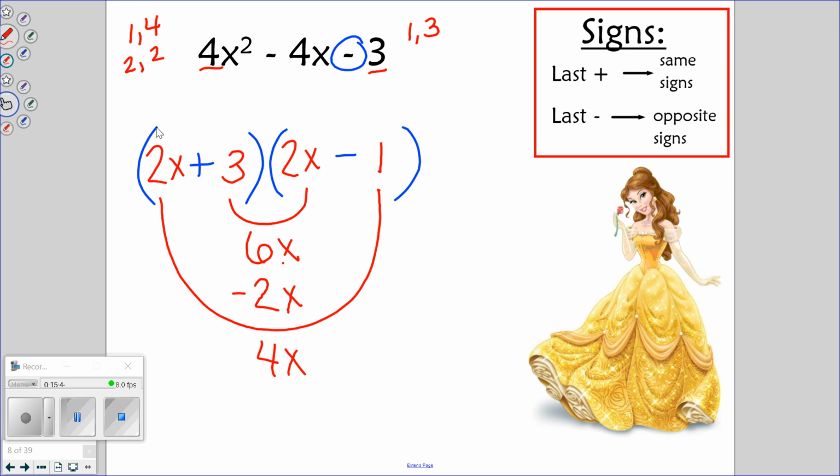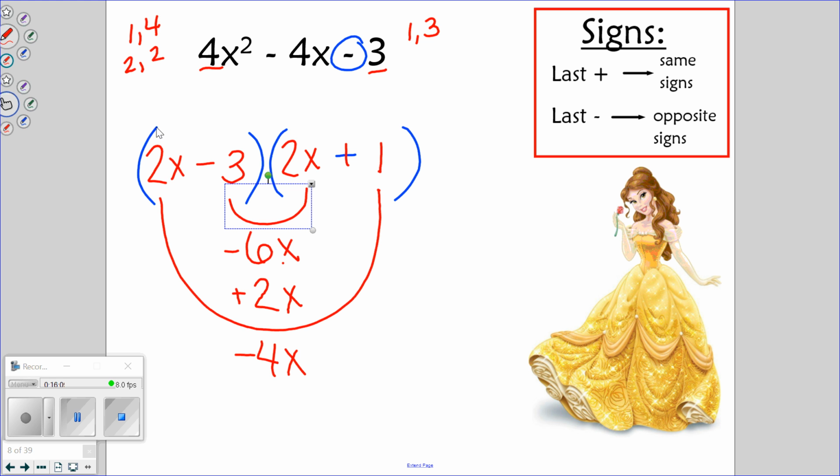It's not the right sign, but is the number right? So how do I change the sign? Flip your signs. Make this one your plus and this one your minus. Because then look what happens when you check this. If I check it, that gives me negative 6x and a positive 2x, which makes negative 4x.